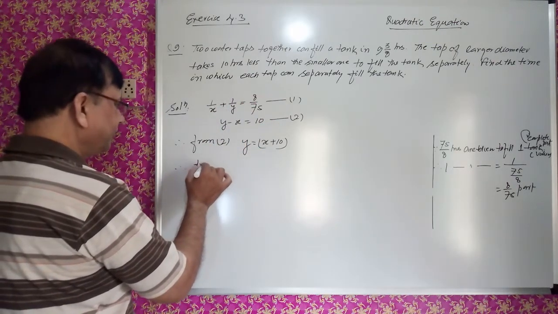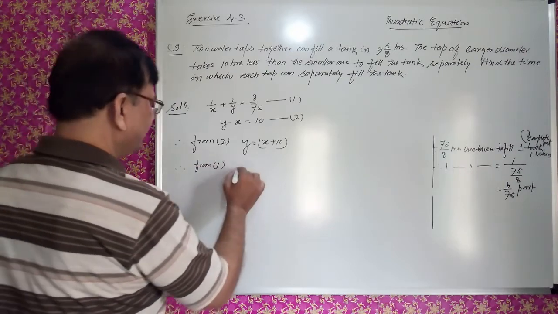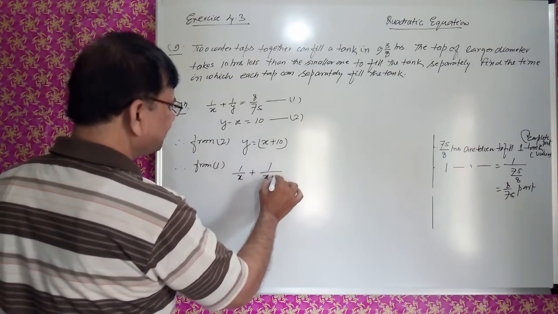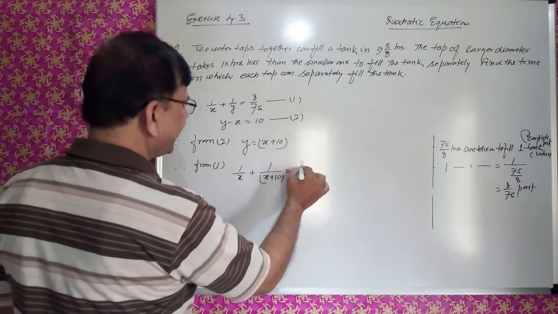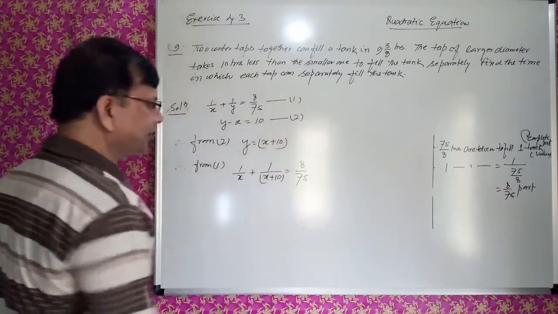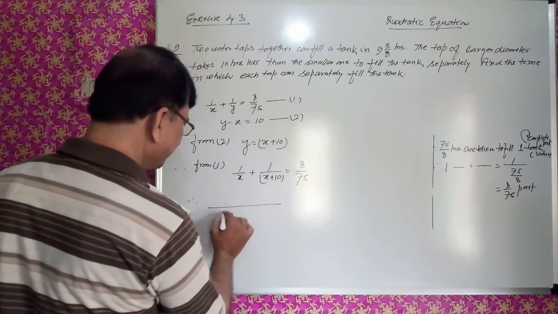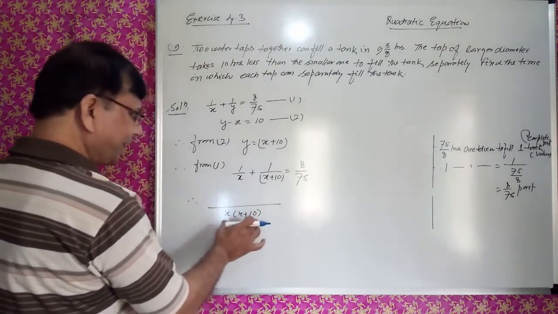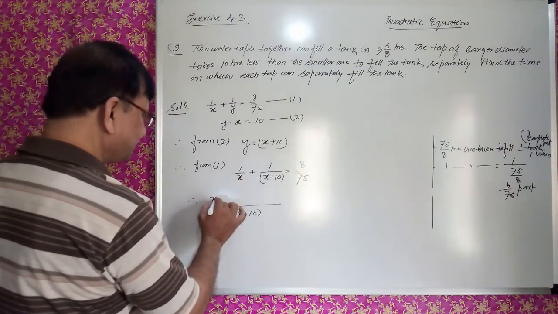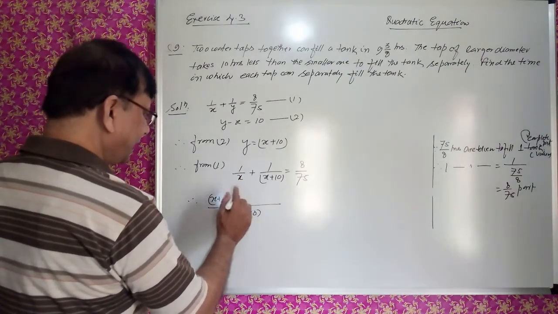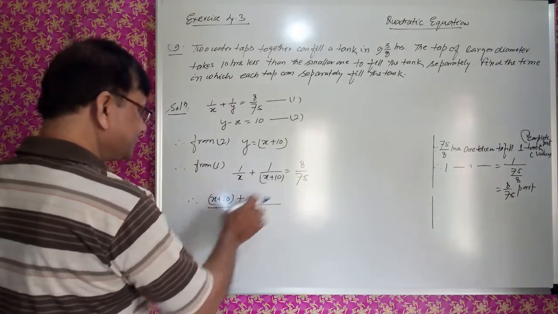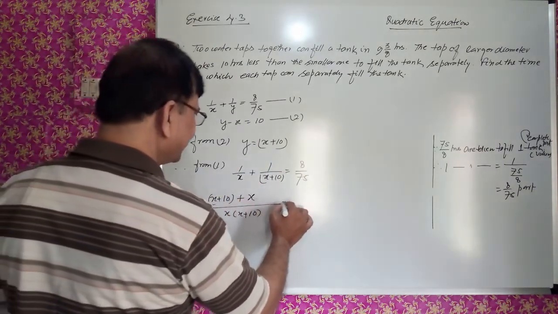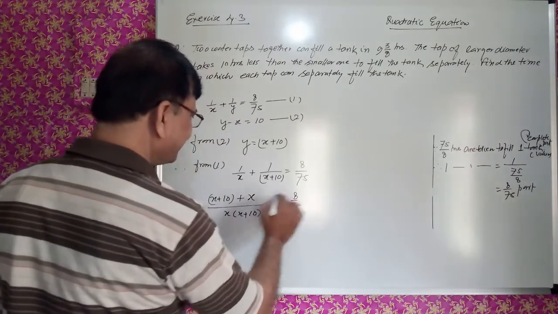Therefore, from 1, 1 by x plus 1 upon x plus 10 is equal to 8 upon 75. Taking LCM, x into x plus 10, this product divided by x gives x plus 10, and plus this divided by x gives x, which is multiplied with this one, that is x, equal to 8 upon 75.